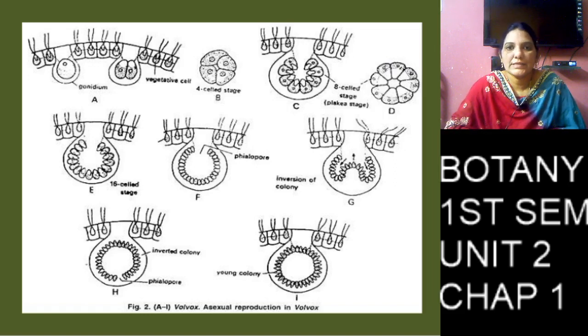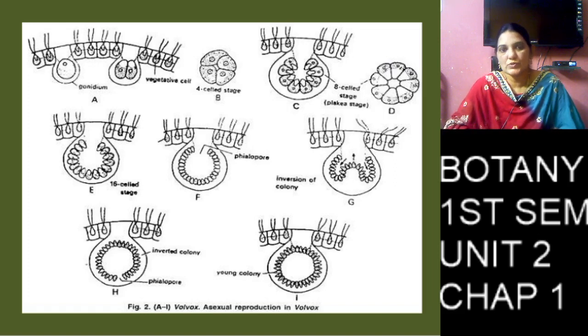So here we can see the antheridium also. This is the asexual reproduction diagram, but it is similar to the antheridium structure. Here one cell is converted into antheridium, and it loses its flagella, turns into a round shaped structure, and is divided into 2 cells, 2 to 4, 4 to 8, 8 to 16, up to 128 cells.